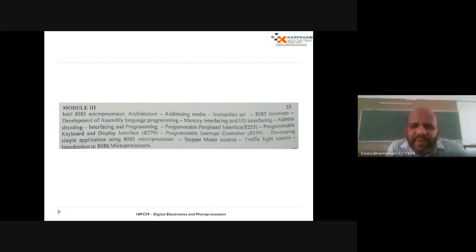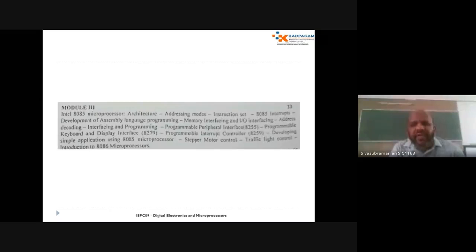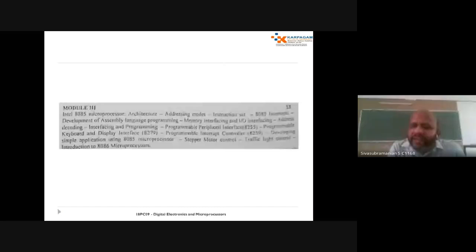Under interfacing and programming, we will have different peripherals, which are ICs that aid in the processing of the microprocessor, right? Typically 8255, which is the programmable peripheral interface. Any peripheral device which you connect to your microprocessor will have to go through this interface IC only, 8255.